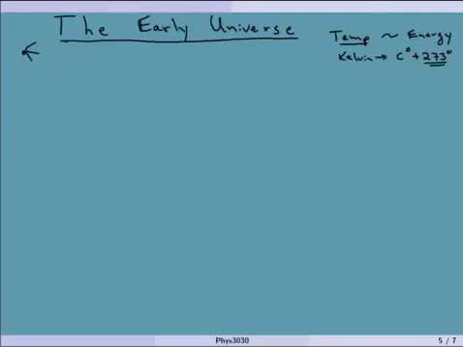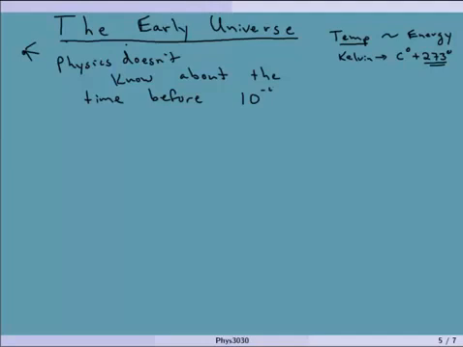Okay, so the idea here is we'll start with the very, very first beginnings, and what I can say is that physics doesn't know about the time before, now this is going to seem ridiculous, the time before 10 to the negative 43 seconds.